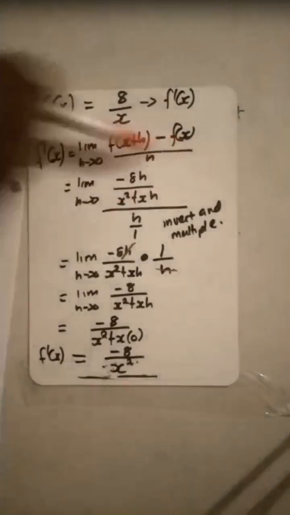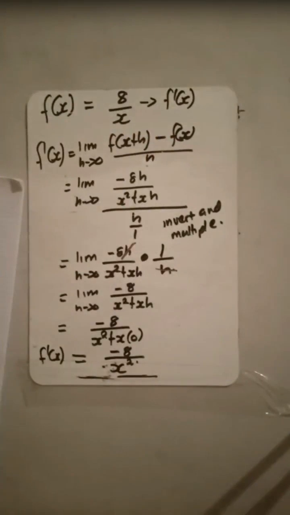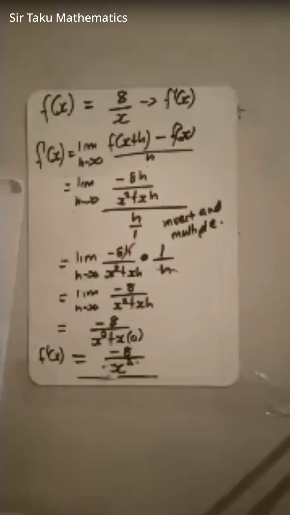We are going to meet next time looking at differentiation using the rules, and we are also going to look at the notation. It is very, very important because in calculus, they are very, very particular about the notation. So if you fail to provide the correct notation, you will be penalized 1 mark for notation. So guys, make sure that you attend the next lesson.